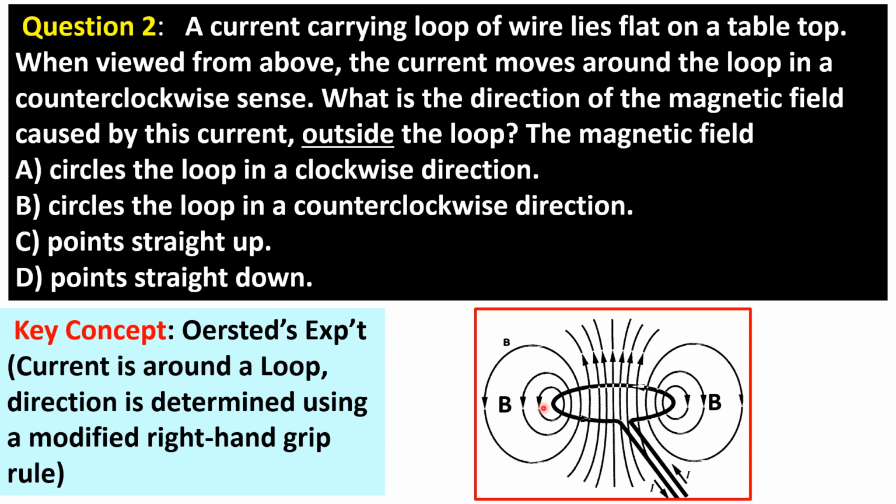But this time, since we're talking about a loop, a circular wire, we will use our four fingers as we move around the loop. The four fingers will represent the direction of the current as shown in this illustration.